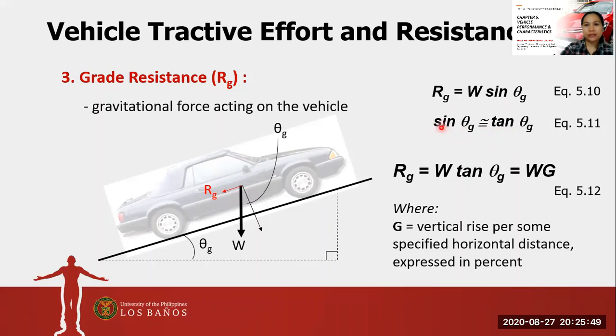So if we substitute equation 5.11 in equation 5.10, we have Rg equal to the weight of the vehicle times the tangent of theta g, which is equivalent to the vertical rise per some specified horizontal distance in percent.